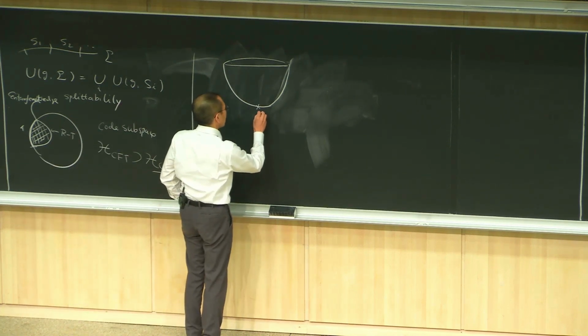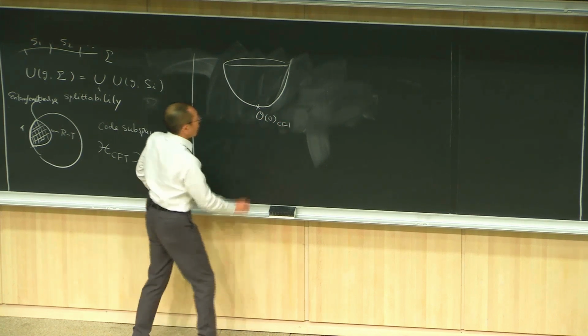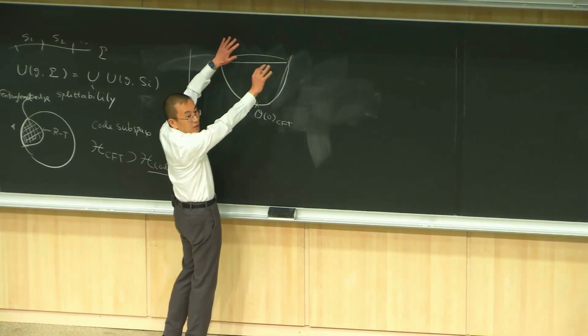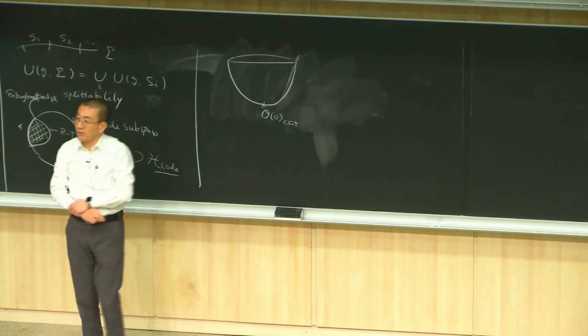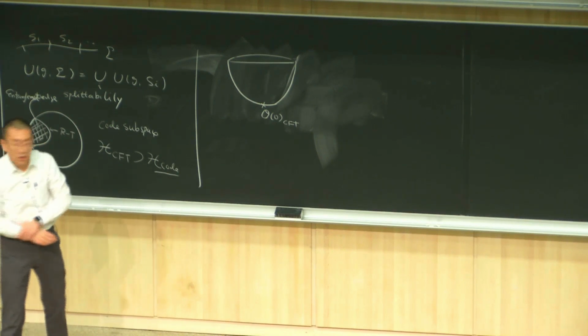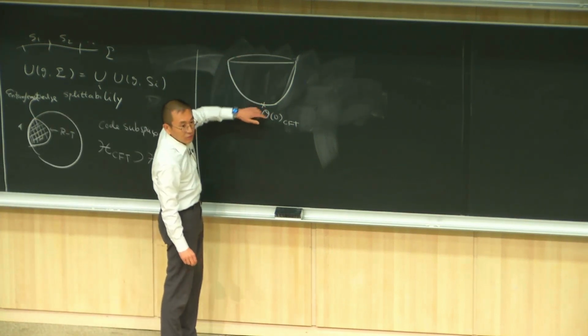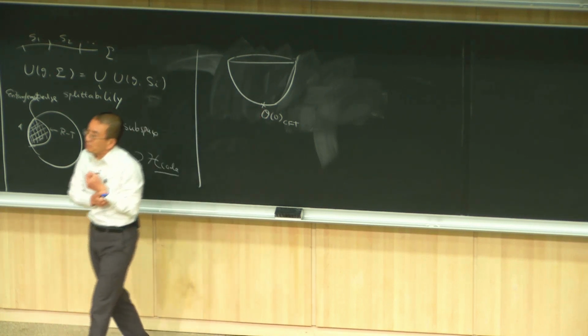So you can act with some CFT operator on the south pole, and that gives rise to some kind of state in the gravitational system. That gives you a correspondence between a state in quantum gravity and a state in CFT, which is dual to this operator.